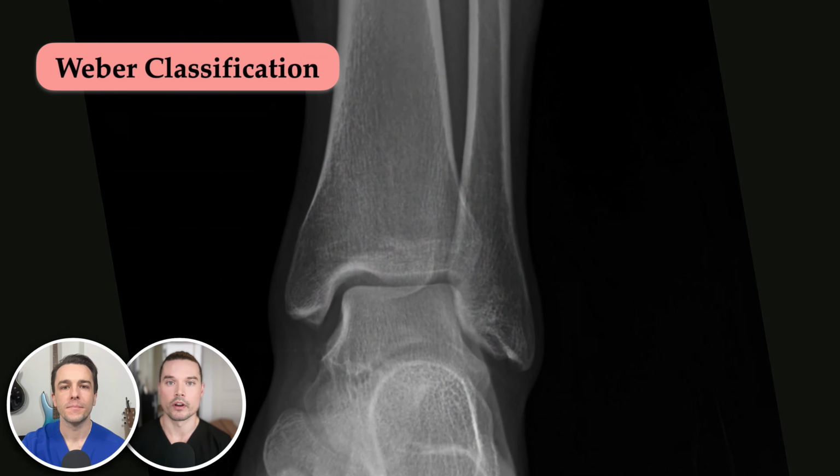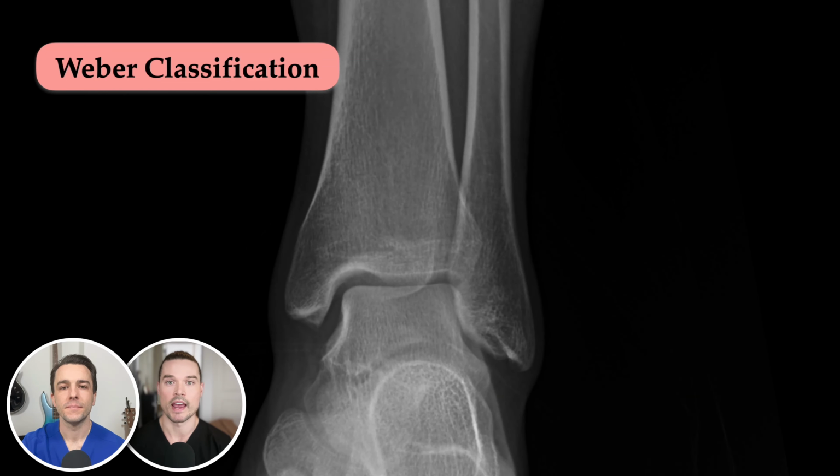We're going to start with our Weber classification. This is Weber A, B, and C. The Weber classification is going to be focused around the distal syndesmosis that attaches our distal tibia to our distal fibula.